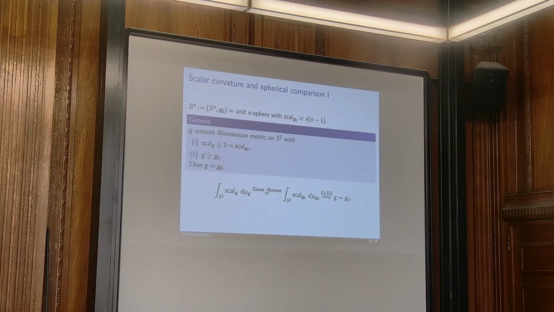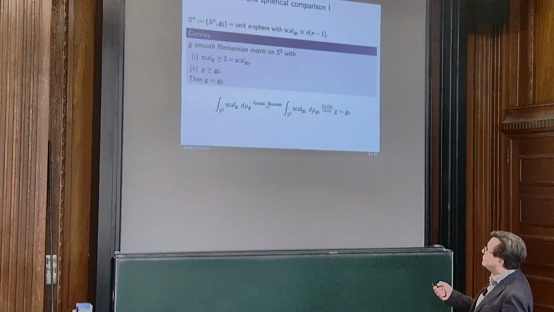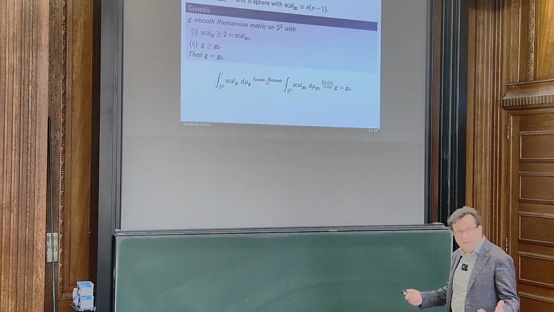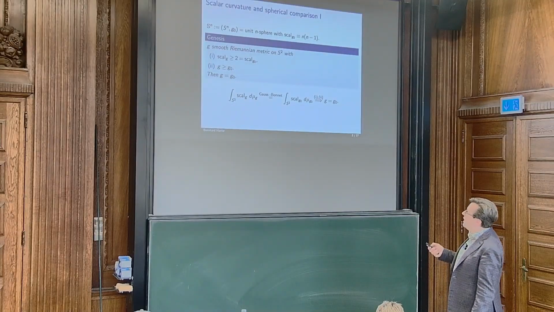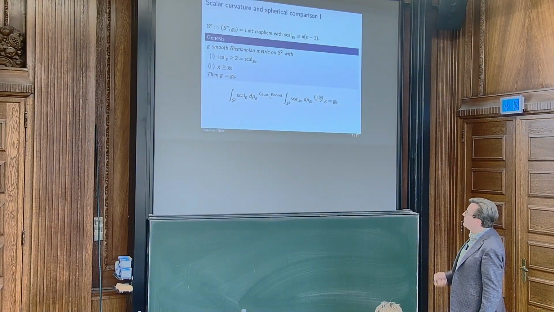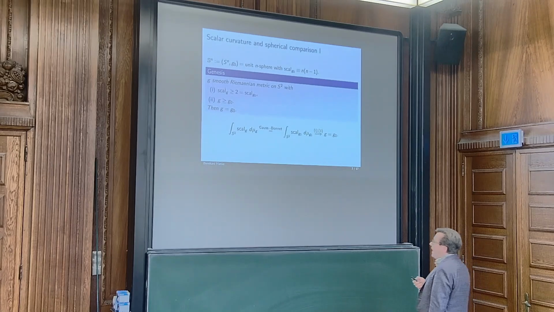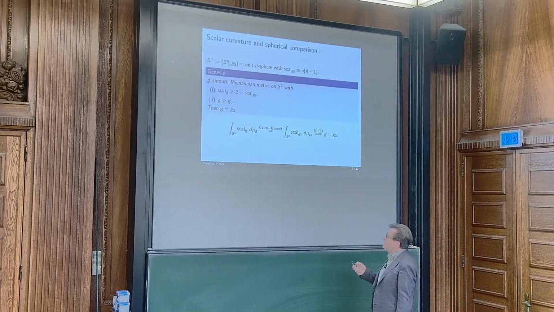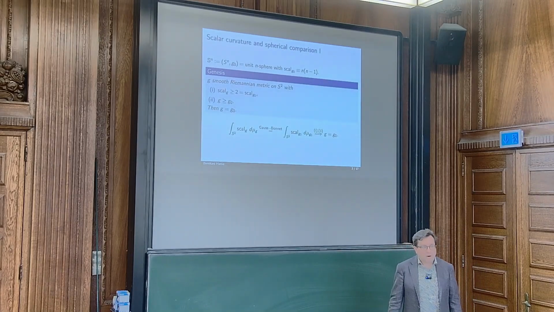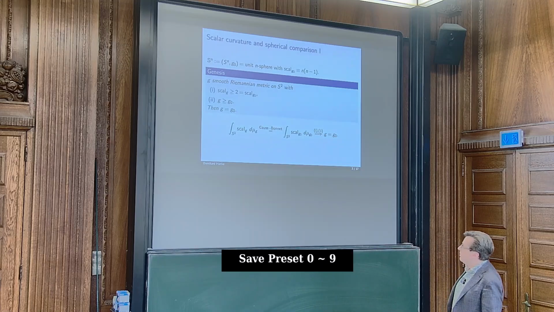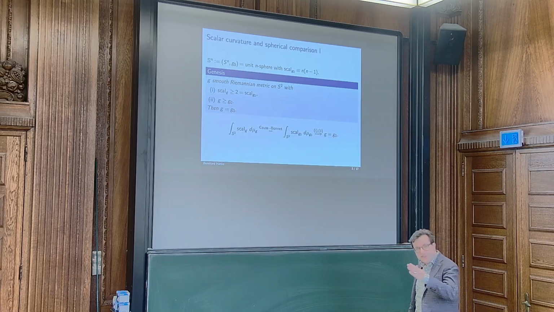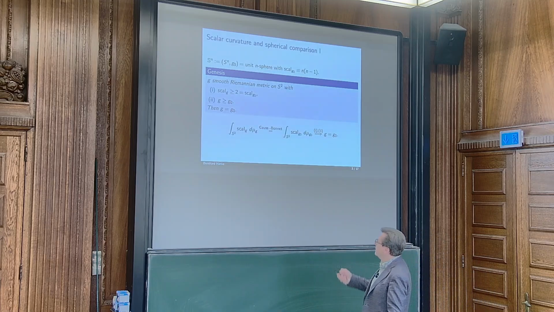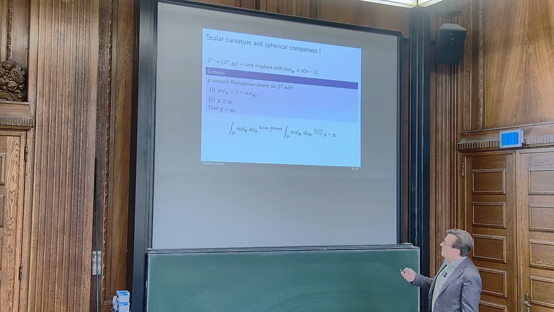The scalar curvature comparison says that the scalar curvature of g, or if you wish, the sectional curvature, is bounded below by the scalar curvature of the round sphere, and the metric g is bounded below by the metric g0. So the lengths of g and g0 can be compared in this way. And then, under these assumptions, the two metrics must be equal.